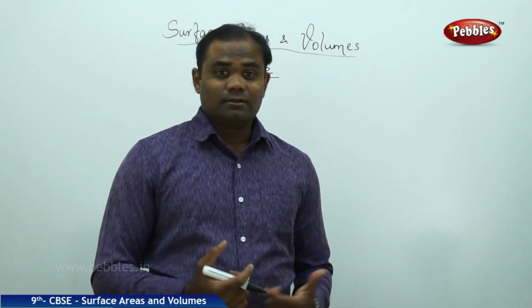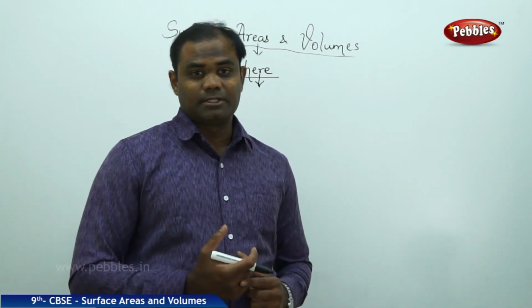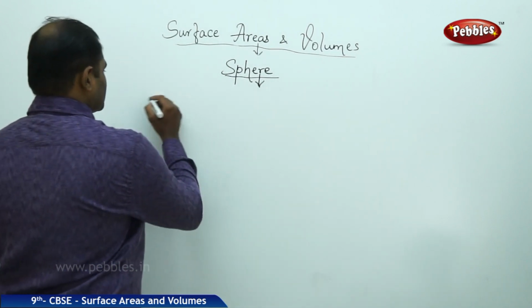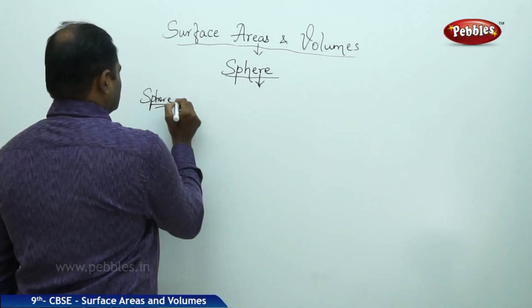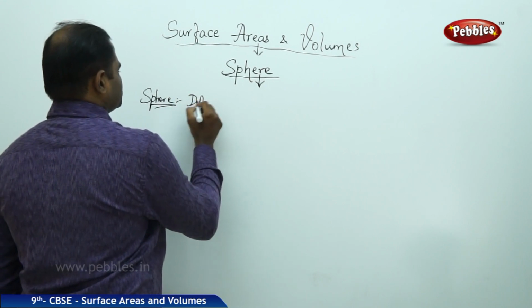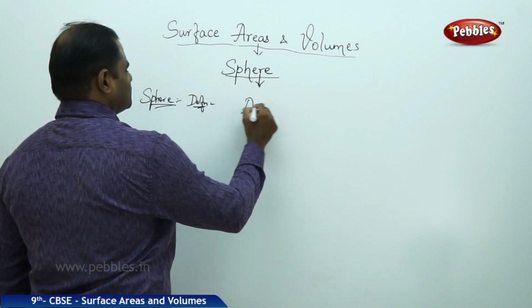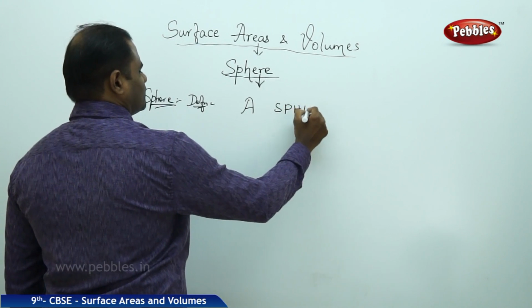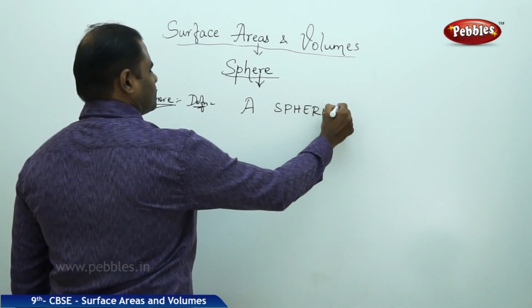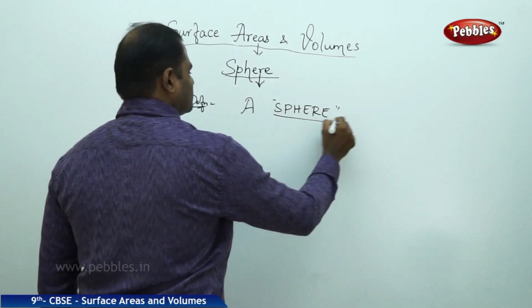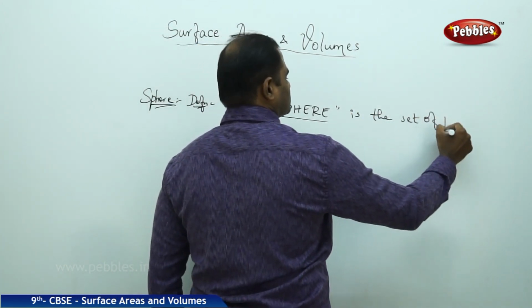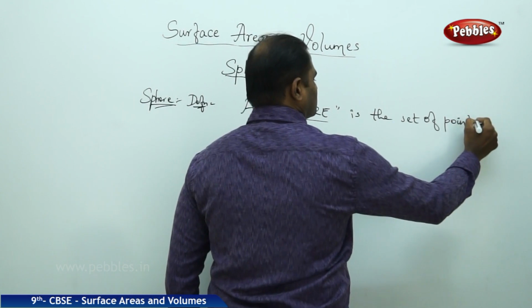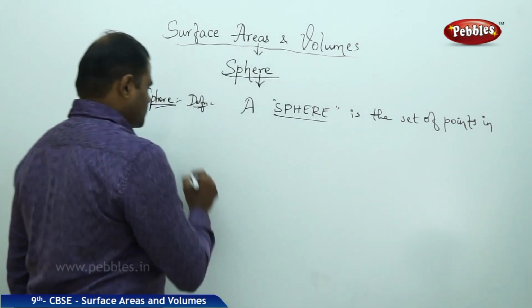Now let's define the sphere in more mathematical terms. A sphere is the set of points in space.